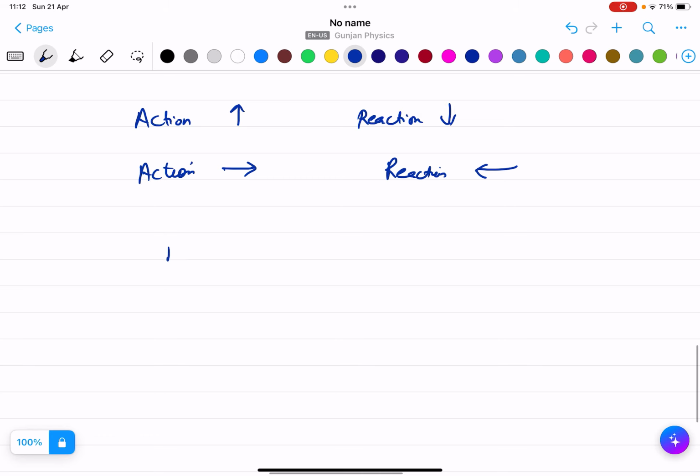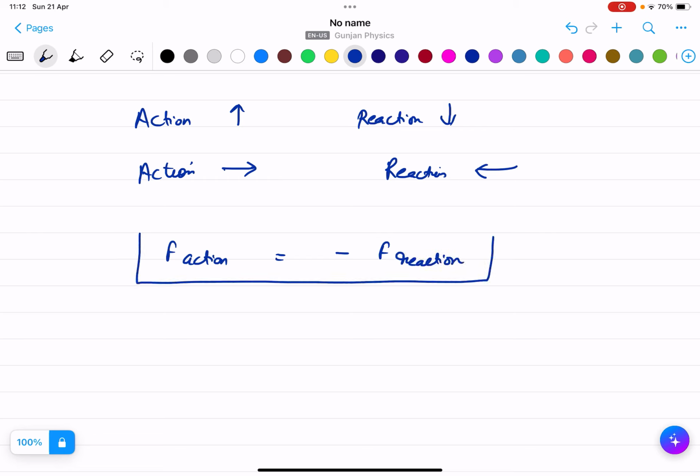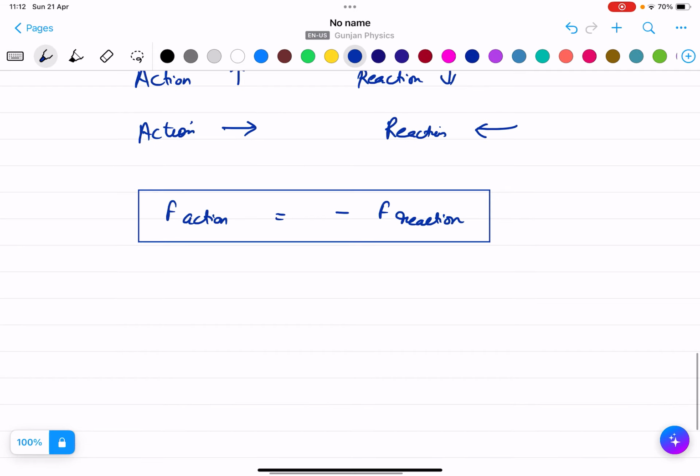So I can say that F action equals minus F reaction. This is the mathematical form you can write for Newton's third law of motion, and this negative sign represents opposite direction, right?